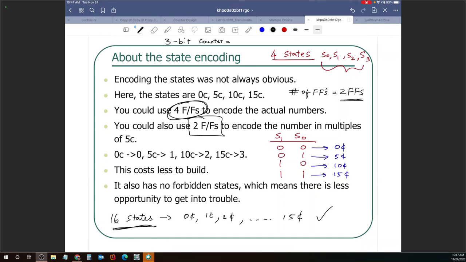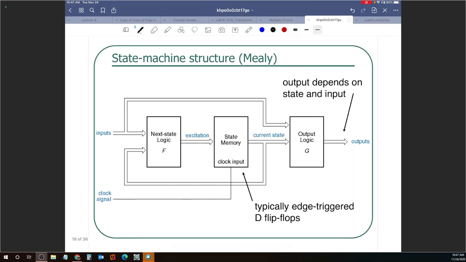All right, let's move on and spend some time talking about a Mealy finite state machine. Now in this particular structure, a lot of the things, in fact all the things, when you compare it to Moore, are exactly the same. The only difference is this. That's the only difference between a Moore and a Mealy machine.